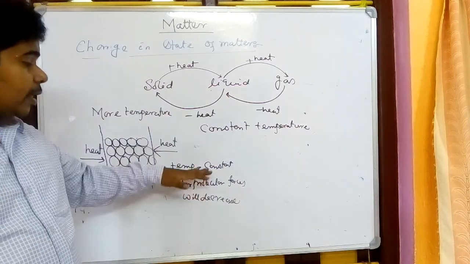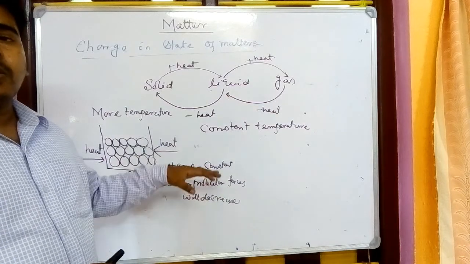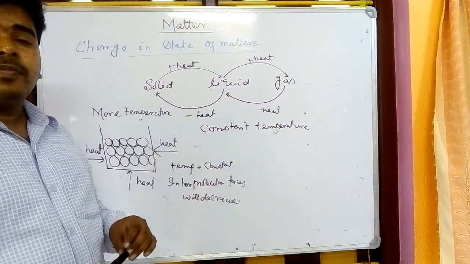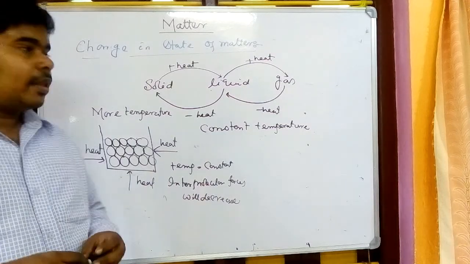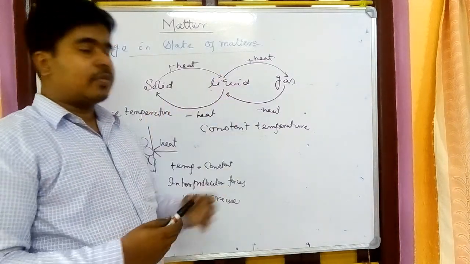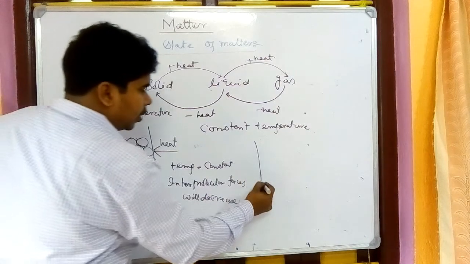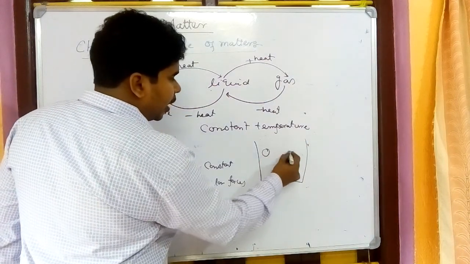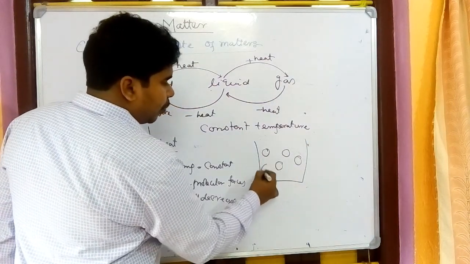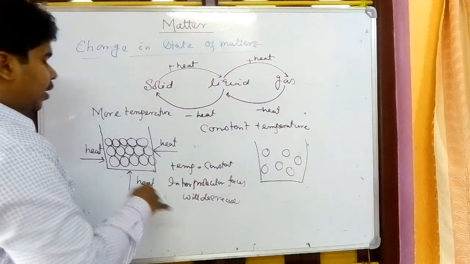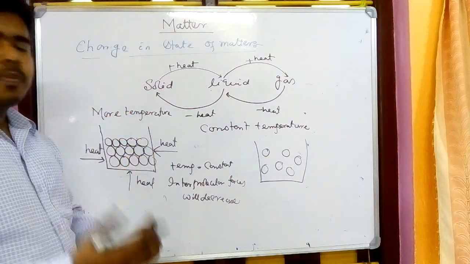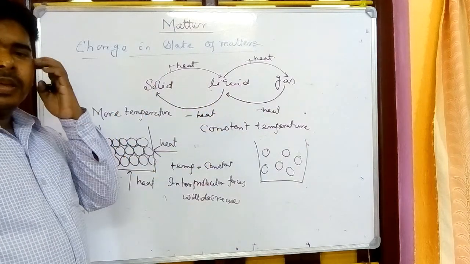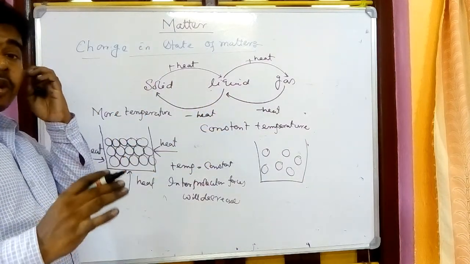At the maximum point, at a constant temperature, the intermolecular forces are so low that it will convert into liquid, and then the molecular model will be like that, meaning the particles are moving here and there. The strong attraction, the strong packing of molecules will be lost. That is change of state.